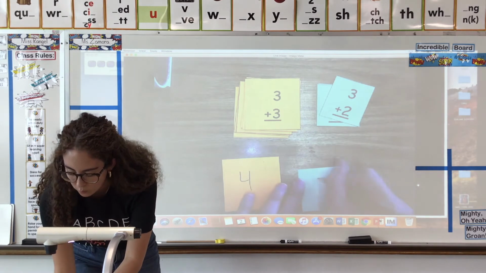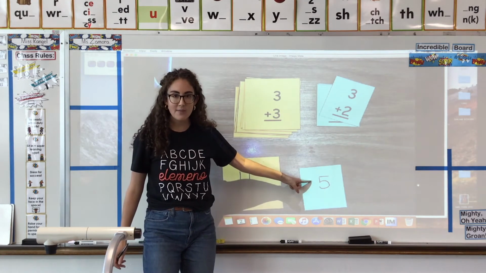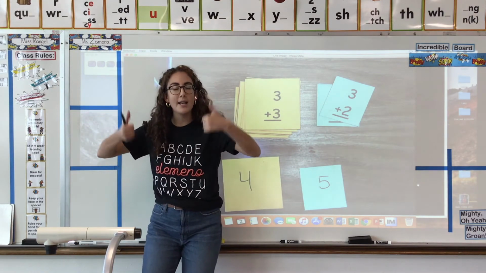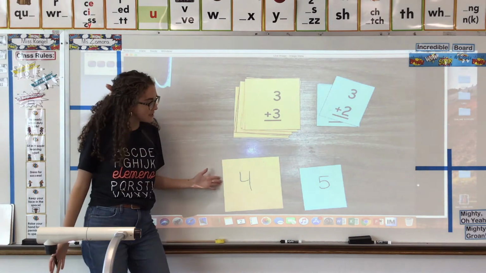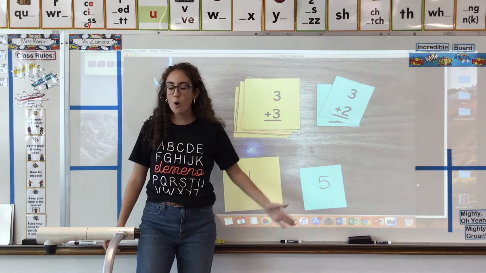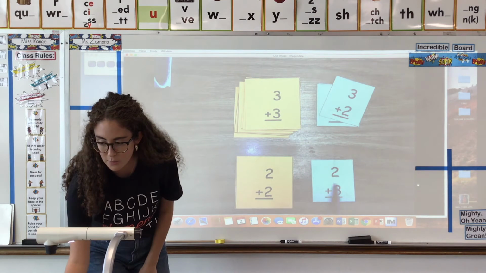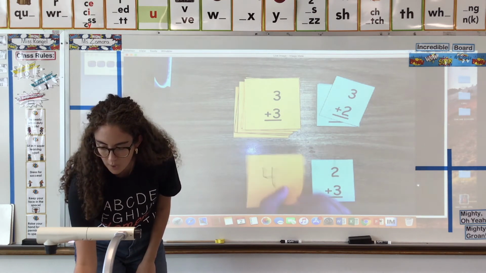5 is just 1 more than 4. To solve our neighbor fact, we take the doubles and then plus 1. We add 1. So that is how our doubles fact can help us solve neighbor facts. We always want to double the smallest number, which is 2. 2 plus 2 equals 4.